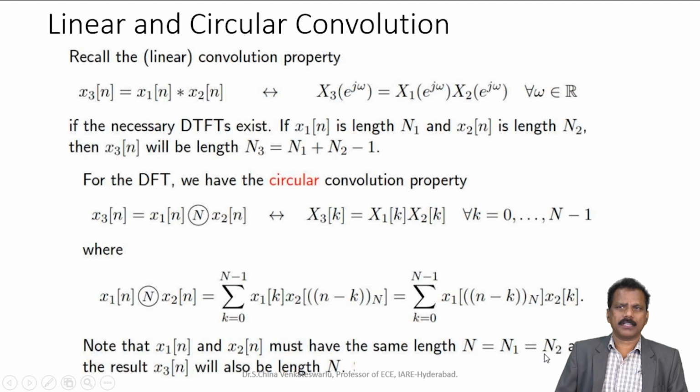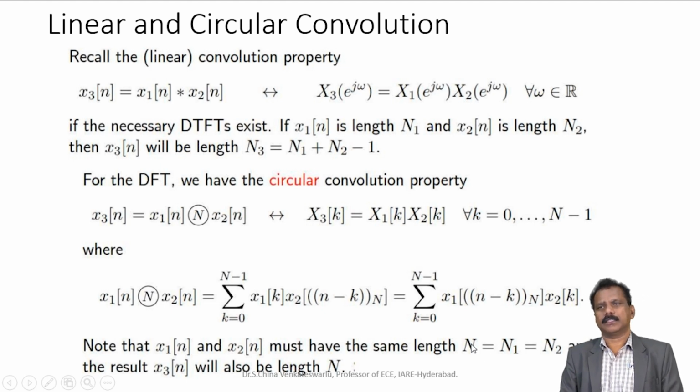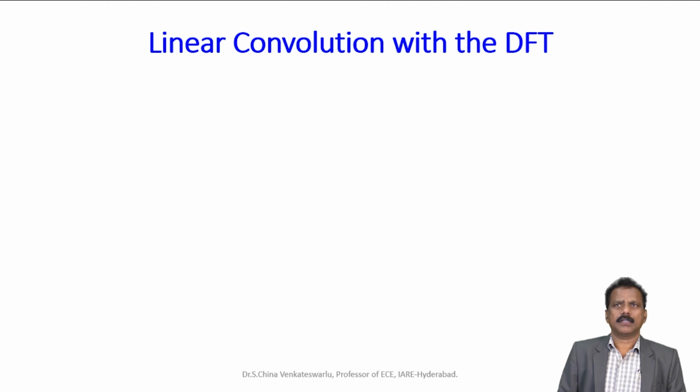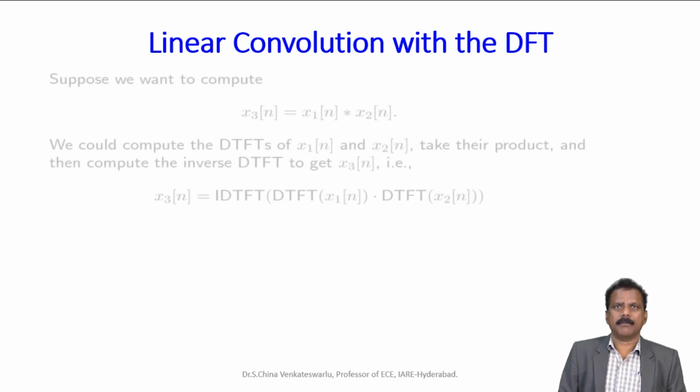Capital N is equal to N1 is equal to N2, and then the result x3 of n will also be of length capital N.